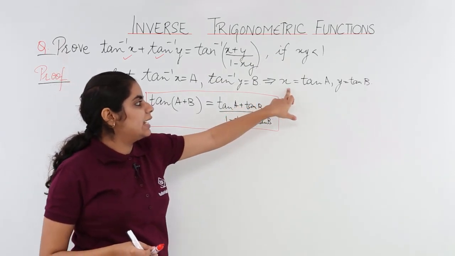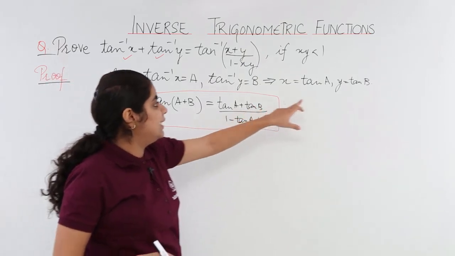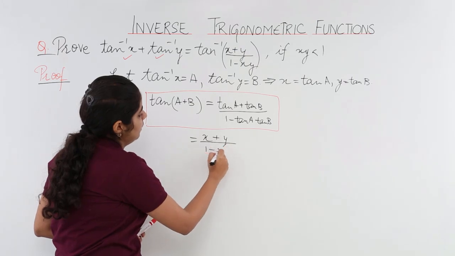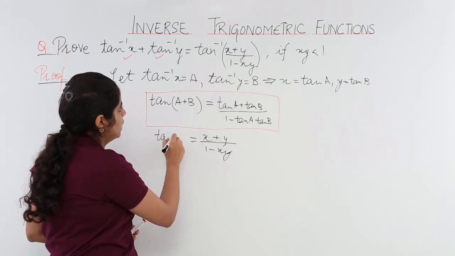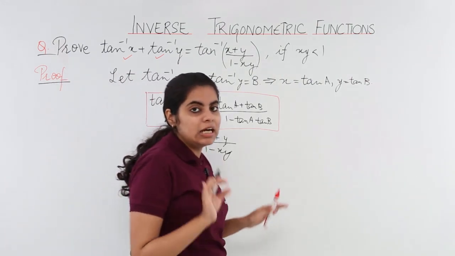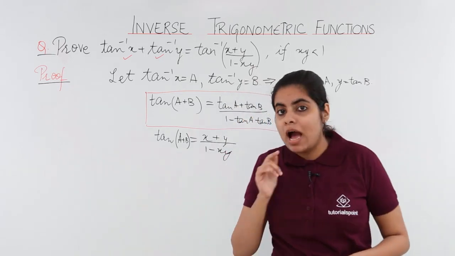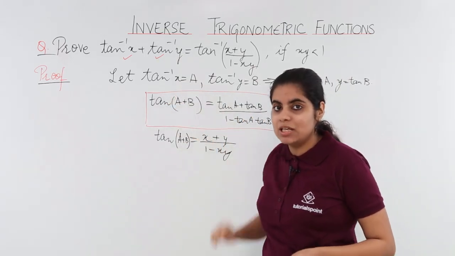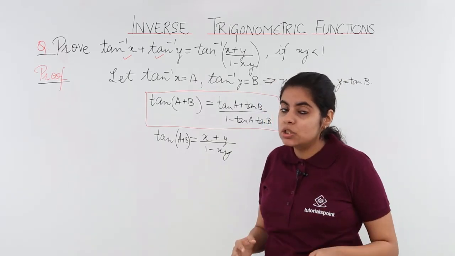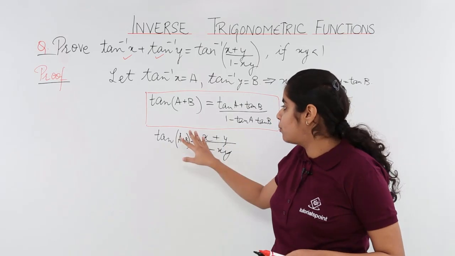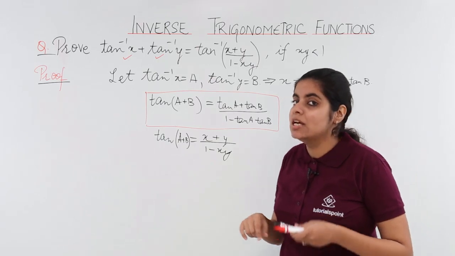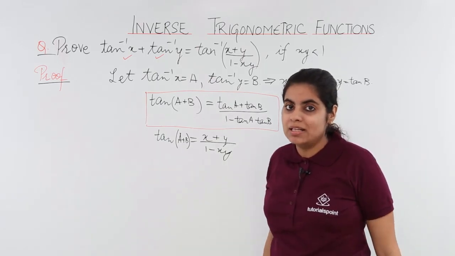Tan A is x and tan B is y, so I substitute (x plus y) upon (1 minus xy) for tan(A plus B). Let me repeat till here: tan inverse x is A, tan inverse y is B, and by putting these in the formula, I got tan(A plus B) equal to tan A plus tan B upon 1 minus tan A tan B, so it became (x plus y) upon (1 minus xy).